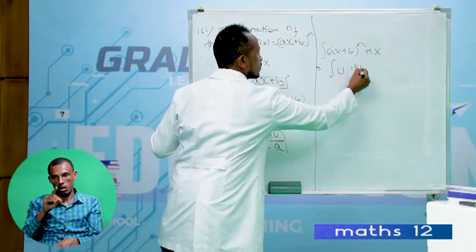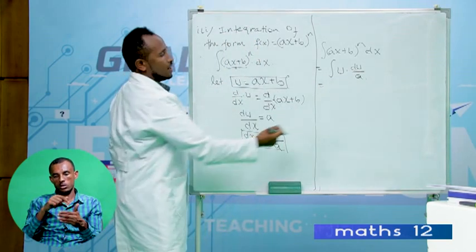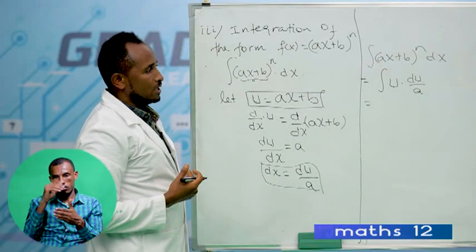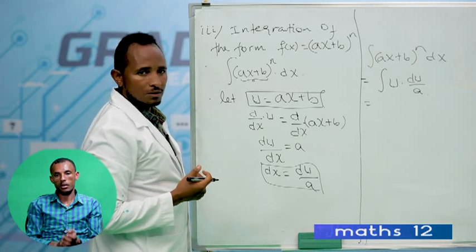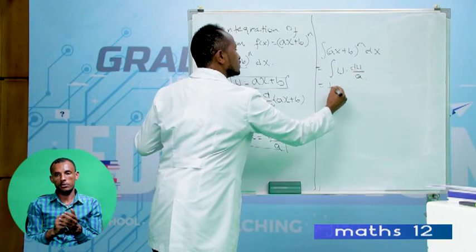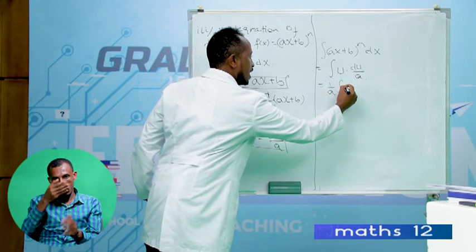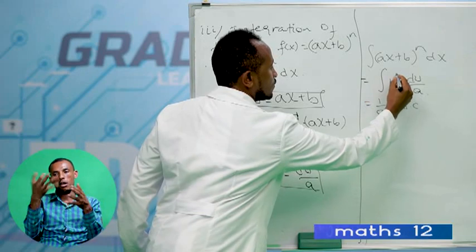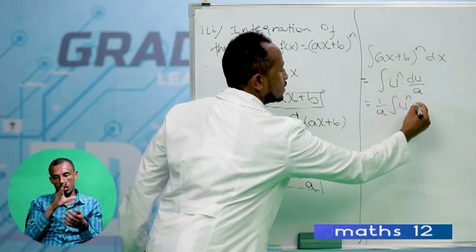I can factor 1 over a out of the integral sign. We have seen this in the previous discussion. So this is 1 over a times the integral of u to the power of n du.